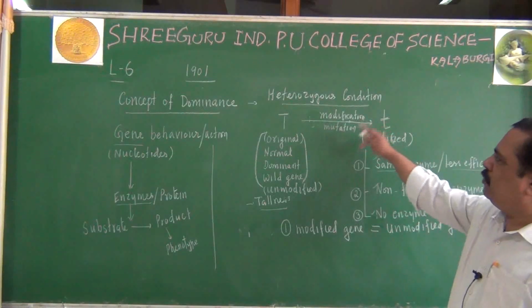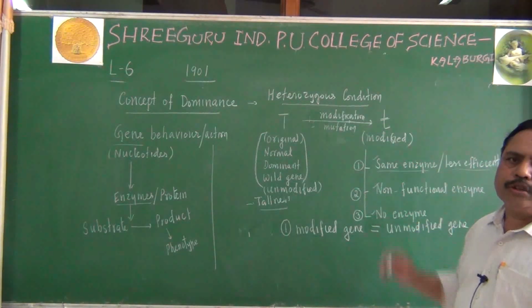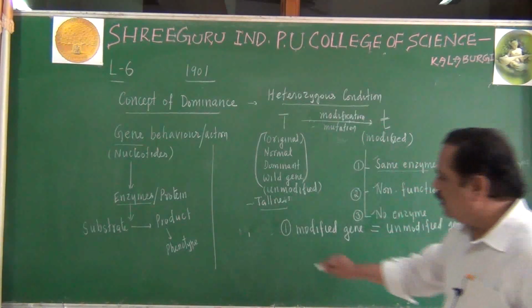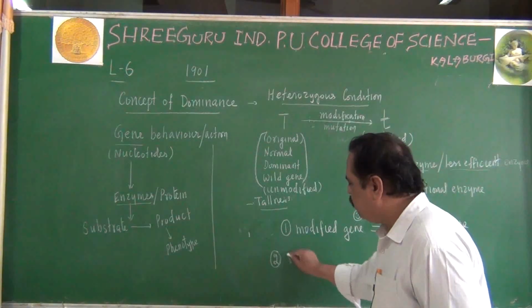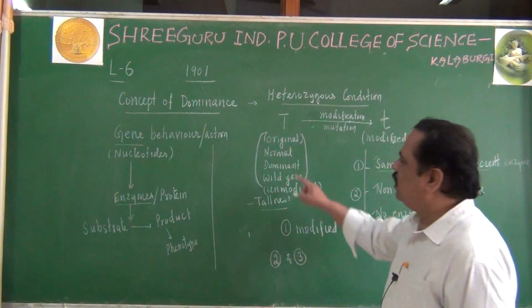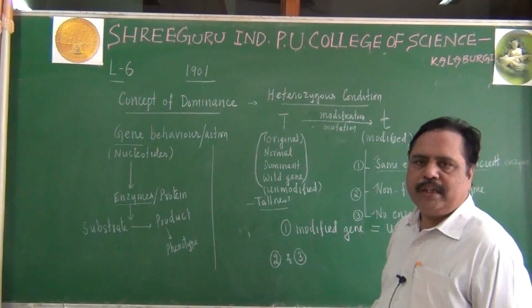That means small t, even after modification, becomes useless. Then in the second and third types, who will determine the phenotype?